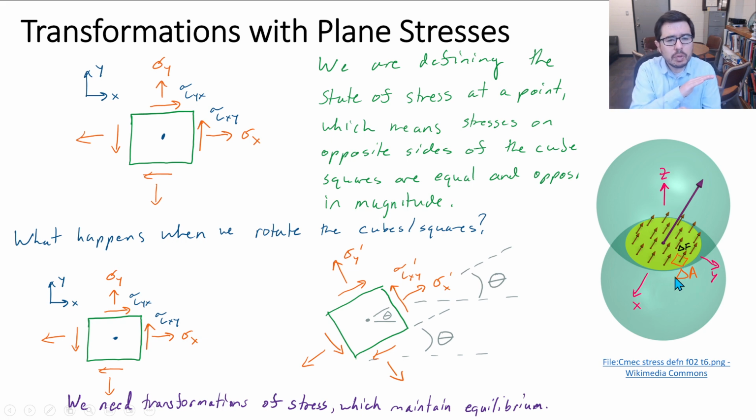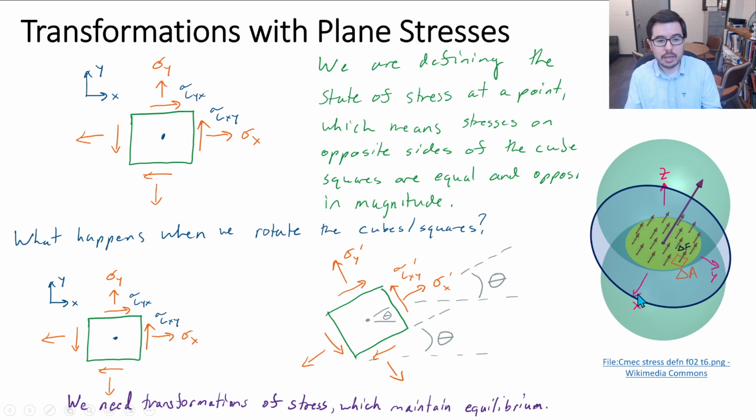But what happens if I go through the same exact location, but I do a slice at a different angle? Let's say now I'm going kind of like this. Well, these forces and internal stresses are still there, but if I define them relative to this different slice, I'm going to have a different vector with a different magnitude describing the state of stress at this location.